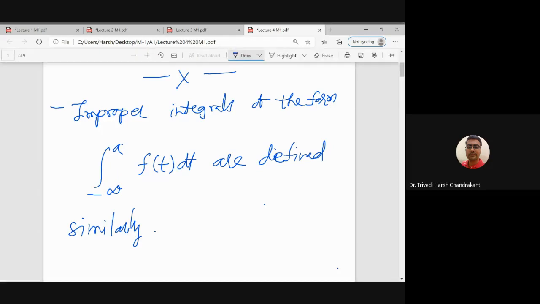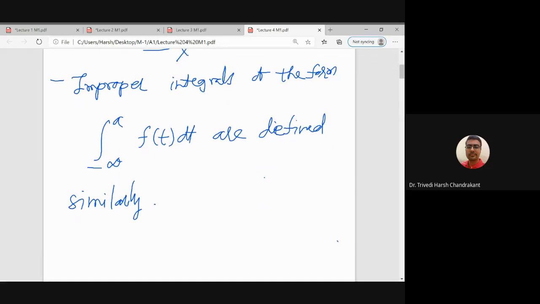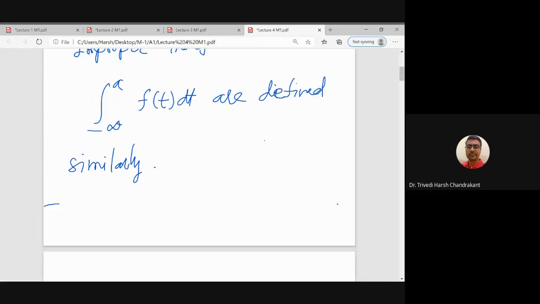Correct. So earlier we have considered all the integrals of the form integration from a to infinity. So similarly we can define here the integral from minus infinity to a of f(t) dt, and further we can integrate all the functions from minus infinity to infinity also.